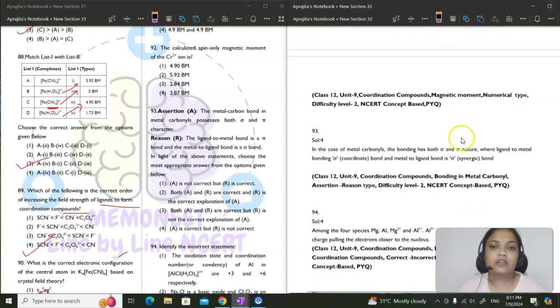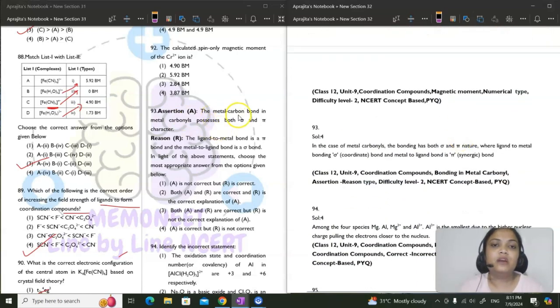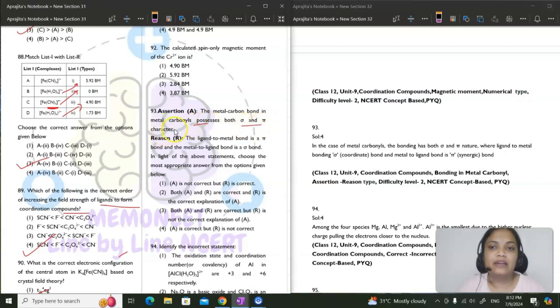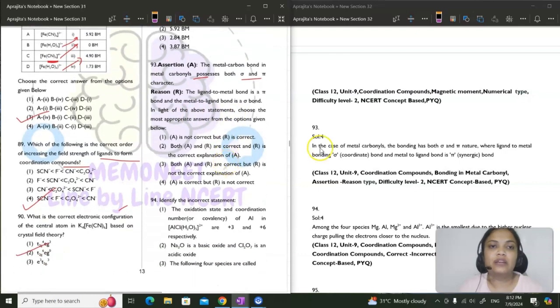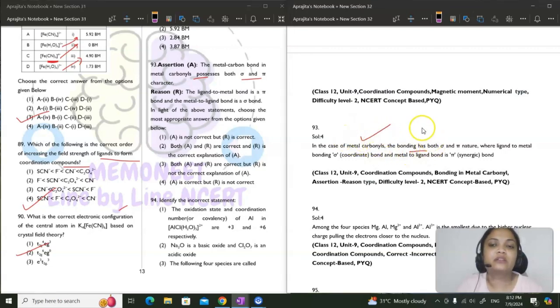Now question number 93. Metal carbon bond in metal carbonyl possesses both sigma and pi character. The ligand to metal is a pi bond and metal to ligand is a sigma bond. So you have to choose the right statement. So students, actually, yes, in the case of metal carbonyls, it has sigma and pi bonds both.